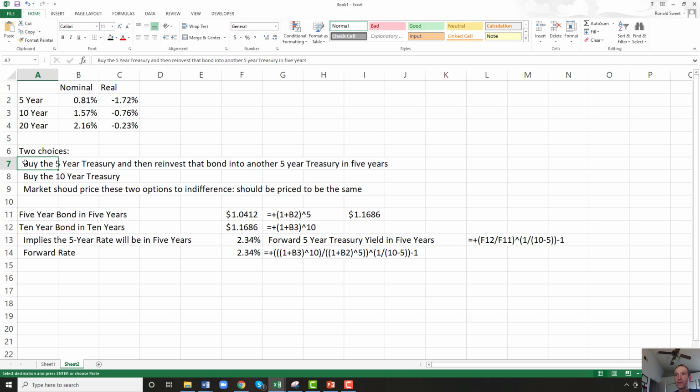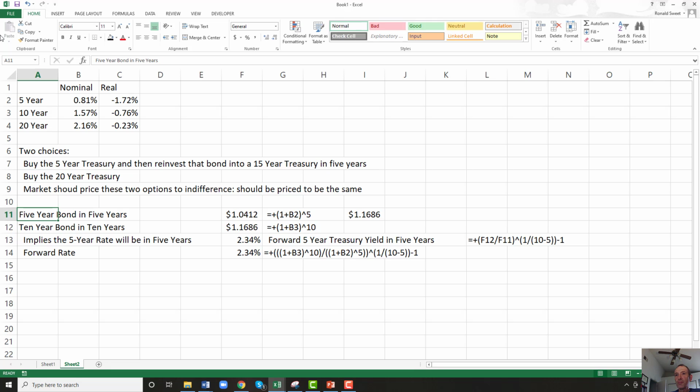You can buy the 5-year treasury and then reinvest that in 5 years into a 15-year bond. So you can buy a 5-year treasury today, and then you're going to reinvest it into a 15-year bond, or you can buy the 20-year treasury.